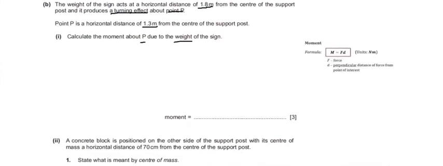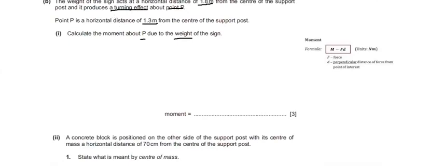So here we can calculate the moment. We can write capital L for moment. Moment is nothing but force multiplied by the distance, that is the specific distance which is perpendicular to the force.